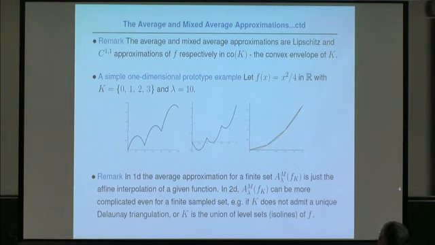Then people can say, well, this is in 1D, this is easy to construct by hand, right? But when you imagine you have your scattered points in the plane, then you can't easily do that, right?